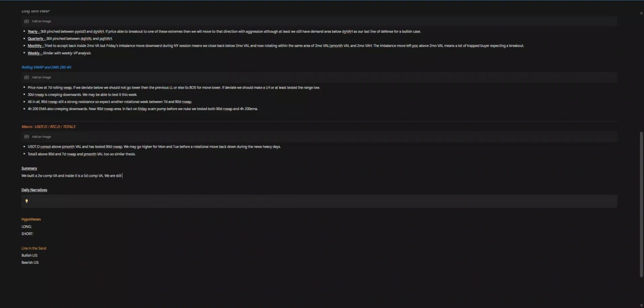We are still pinched between high trend flopping here and also previous developing quarter.